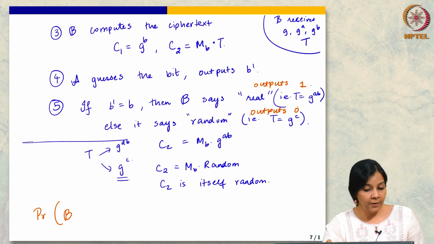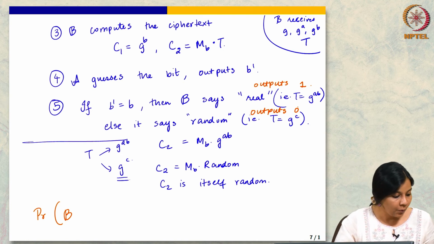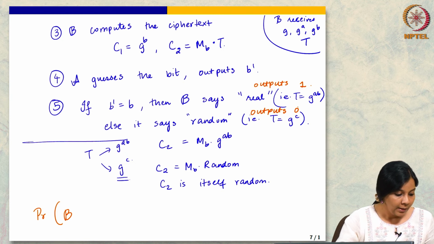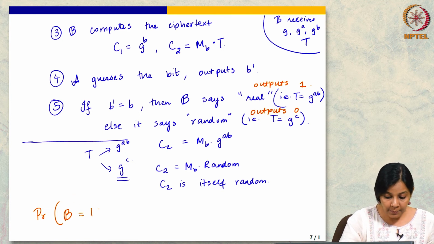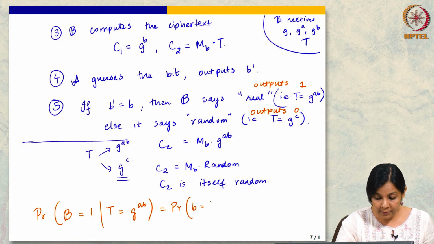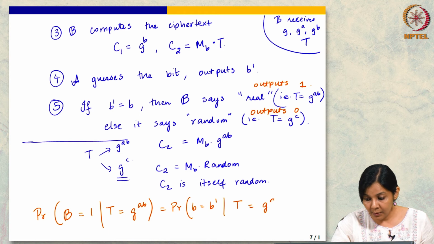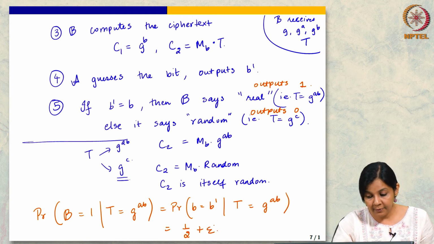So, for real we will say that B outputs 1. Okay. So, let us look at the probability that B outputs 1 when T is equal to G to the AB. Okay. So, this is the probability that B is equal to B prime given that T is equal to G to the AB. In this case, this probability is half plus epsilon.